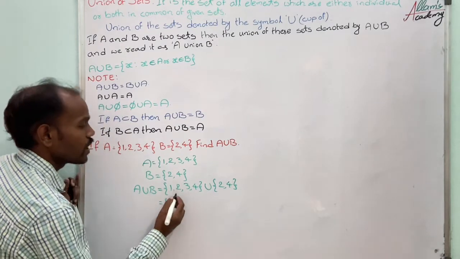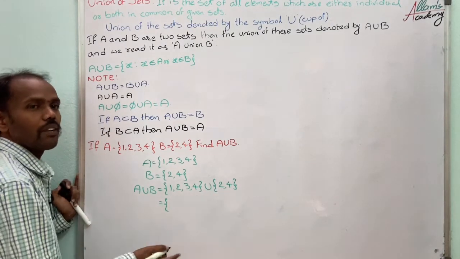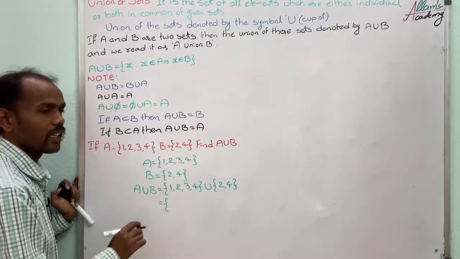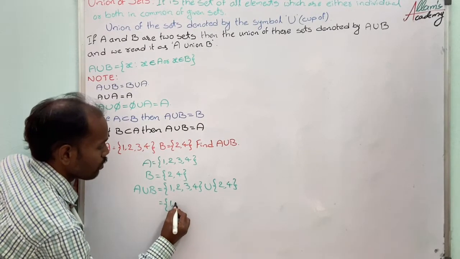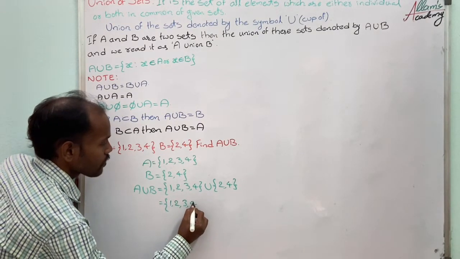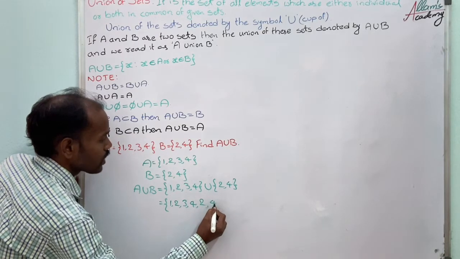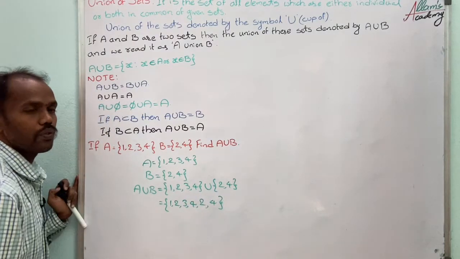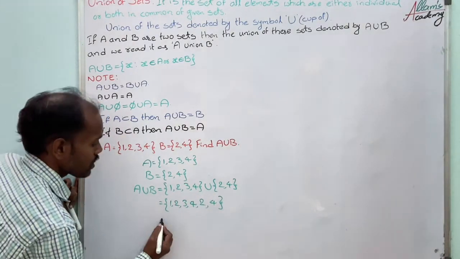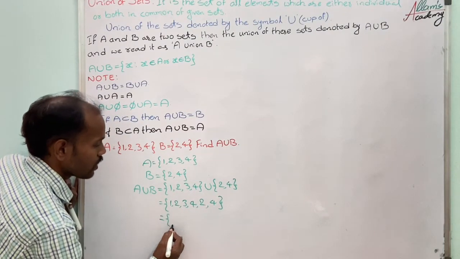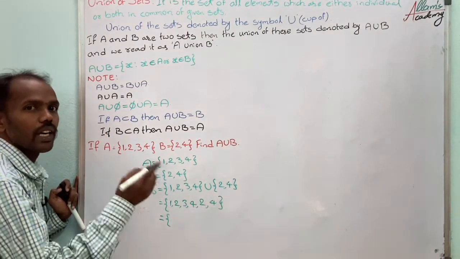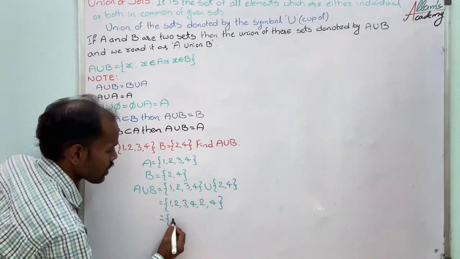Union means we have to write all the elements contained in both sets. So 1, 2, 3, 4 and 2, 4. Any repeated element we take only once.